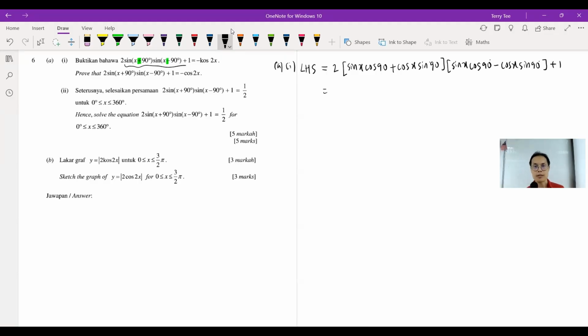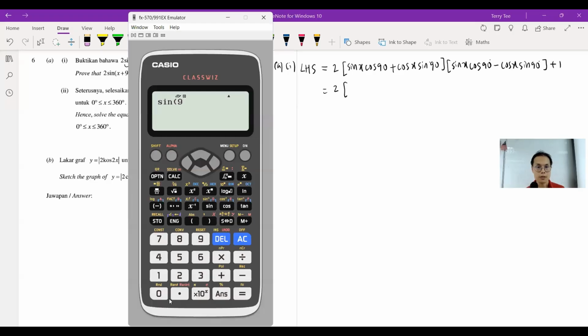So let's simplify this. This is 2. What is cos 90? Now, cos 90, you can actually use a graph. The graph of cos at 90, it is 0. Now, sine 90, if you use a graph at 90, it is 1. But if you don't want to draw the graph, you can also use your calculator. Sine 90 is 1.